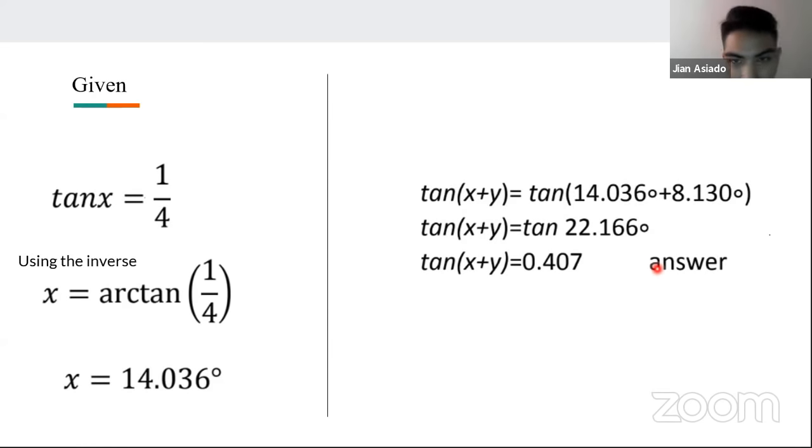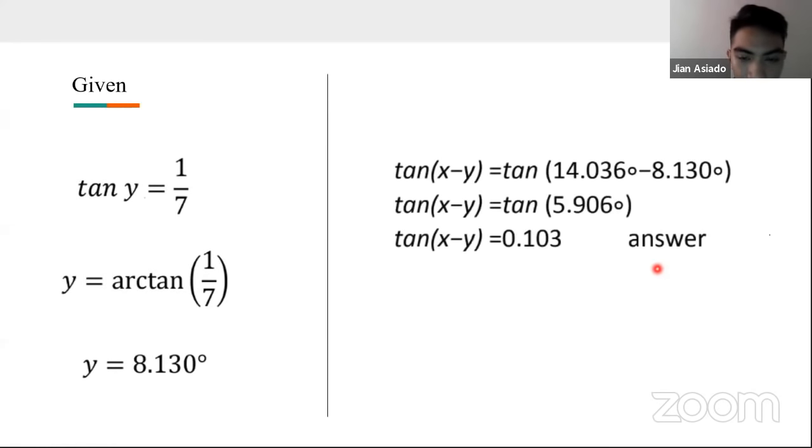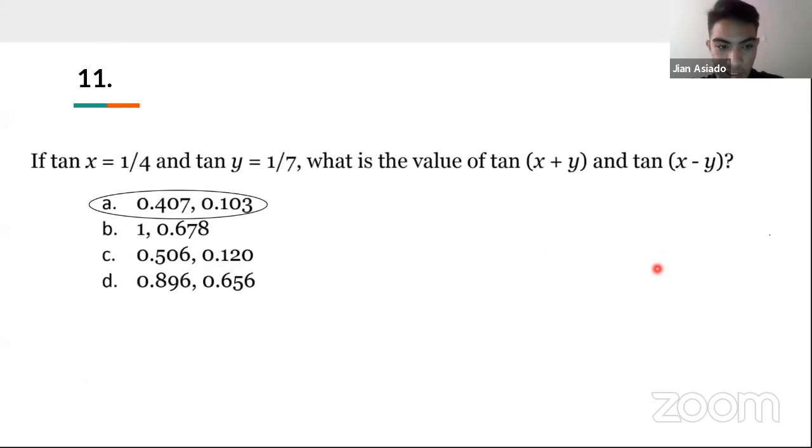But again, the main point of this question is make sure na alam nyo kung paano mag-inverse, no? Ng trig function. So ganun din pag y, arctan of y, no? Tapos, x minus y naman, no? Okay. So, kung babalikan natin yung question, ng choices doon, it's letter A, no?